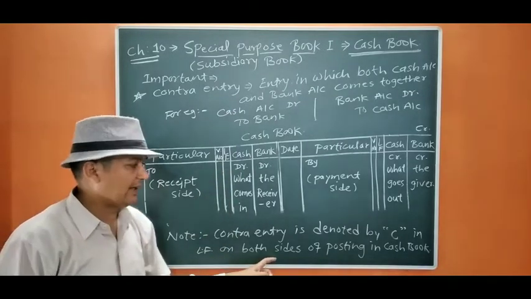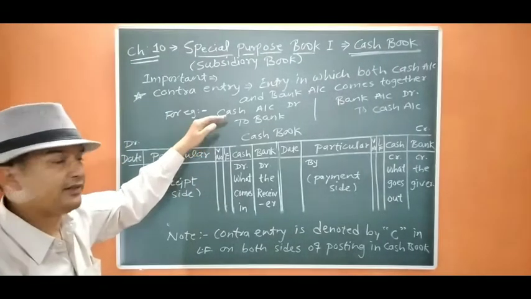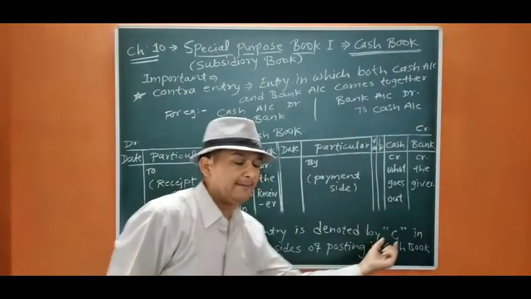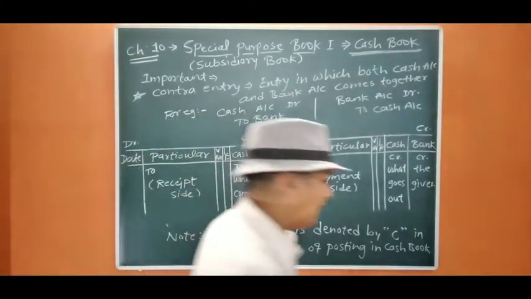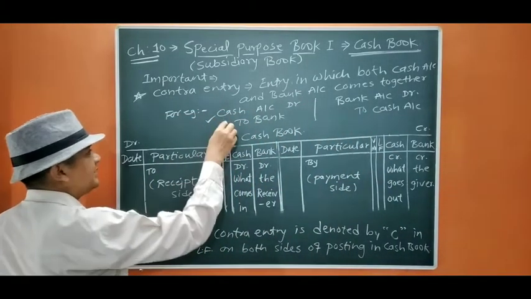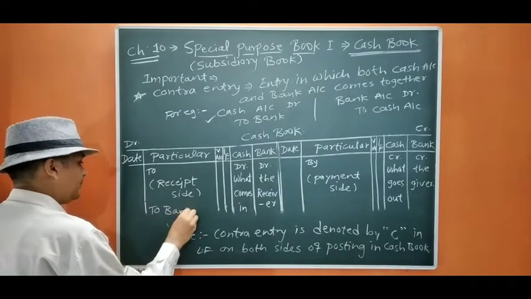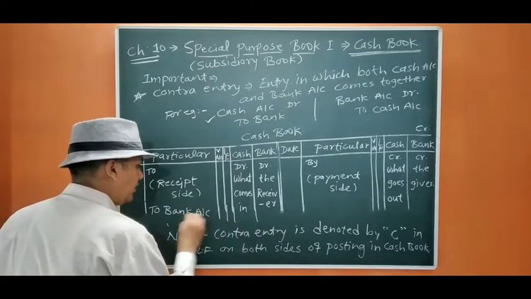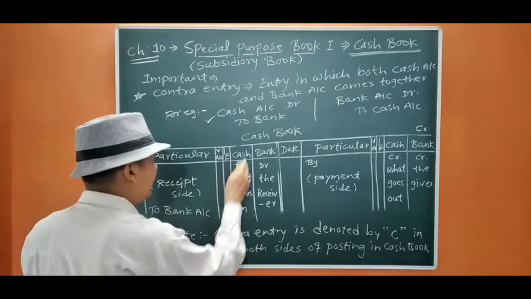Okay. On both sides of posting in the cash book, whenever there is a transaction, there is an entry like this, you are going to post the letter C in LF in front of the posting. Okay, like this. Suppose this entry I am passing here, cash account debit to bank, I am going to write here 'to bank account'. Okay, and here it will be written C, and the amount will be written in the cash account debit.